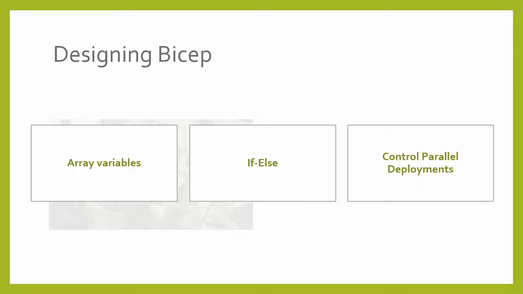So we need to have an array structure to store the configuration details of the subnet because they're very similar across the two virtual networks, in terms of the network security group configuration and a few other settings.